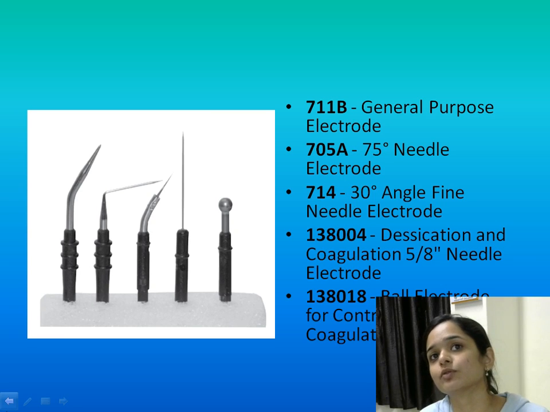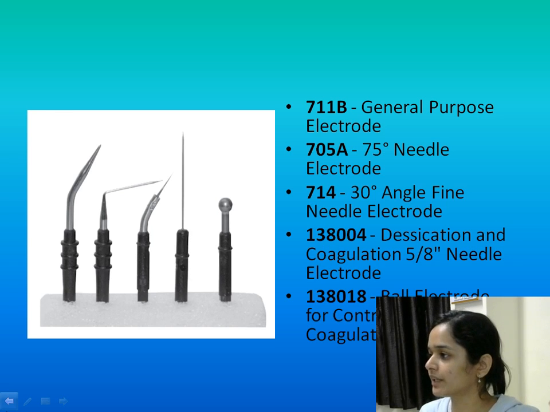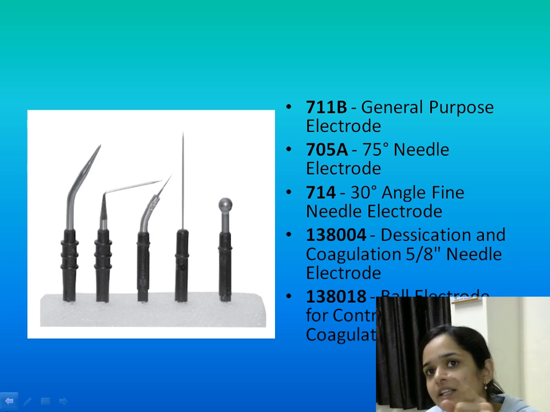These are the various types of electrosurgical electrodes. First is 711B. I don't expect you to remember all the names, but at least you should have an idea. 711B is a general purpose electrode. 705A is a 75-degree needle electrode. Then the third one is a 30-degree angle fine electrode.